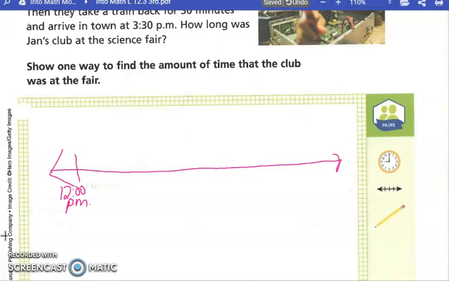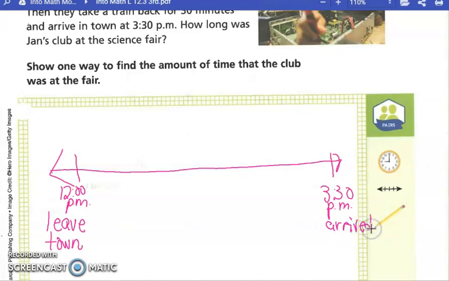And what did they do then? That's when they leave town. We're going to put on our number line, we're going to end it at 3:30. Why would we end it at 3:30? That is when they returned, right? They got back to town. 3:30 p.m. Okay, and that is when they arrived in town.